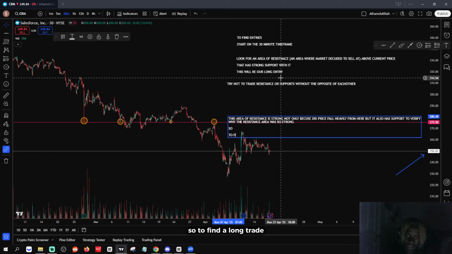So, to find a long trade, wait for the resistance to be broken, then wait for a pullback, and wait for resistance to turn into support.